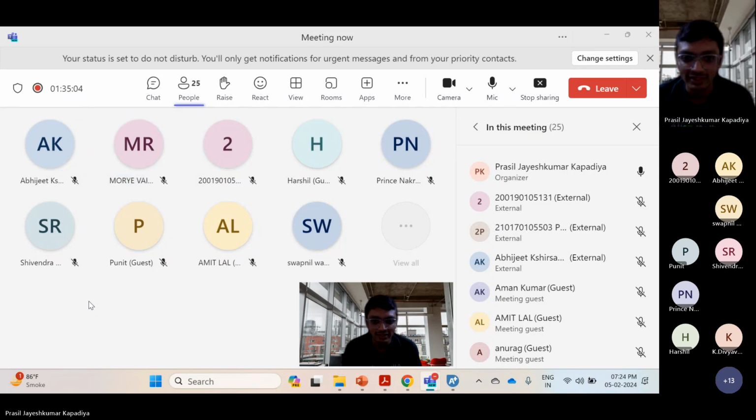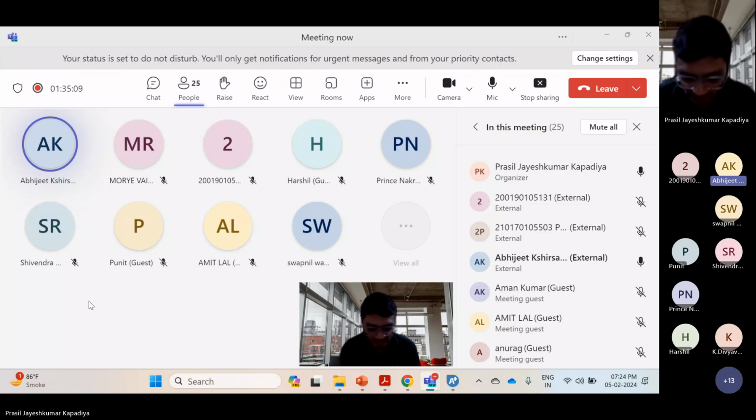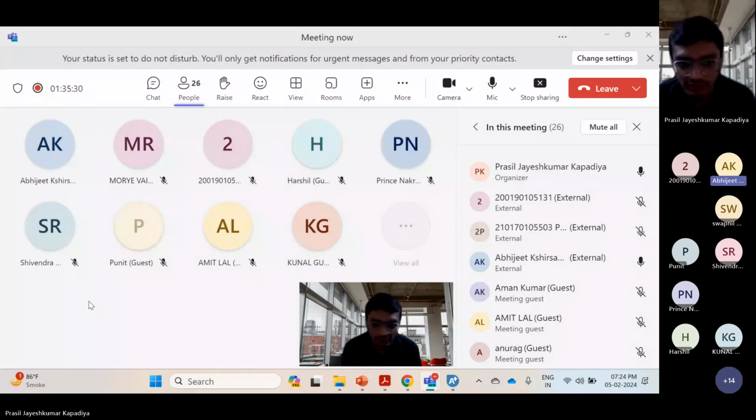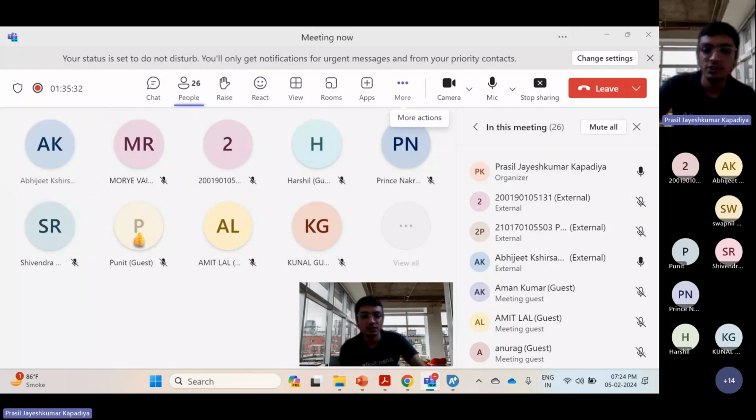Yes, correct. It should also have good solubility. And it should be highly selective. Okay, so is it clear when to use distillation and when to use liquid extraction? Yes, sir.